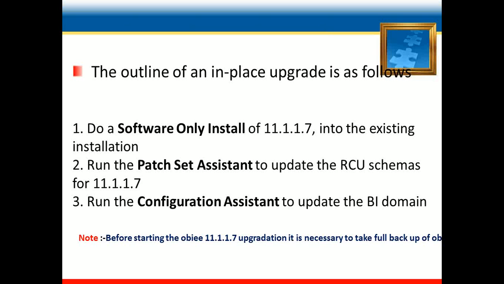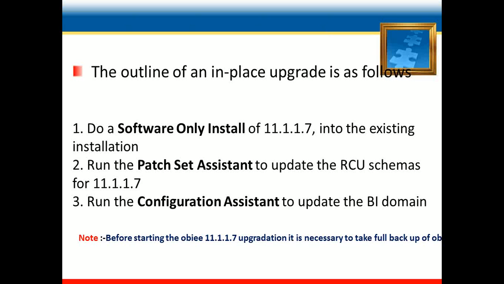We need to install OBIEE 11.1.1.7 with a software only installation on the existing 11.1.1.6 installation. Then we need to run the Patch Set Assistant to update the schemas for OBIEE 11.1.1.7, and then run the Configuration Assistant to update the BI domain.